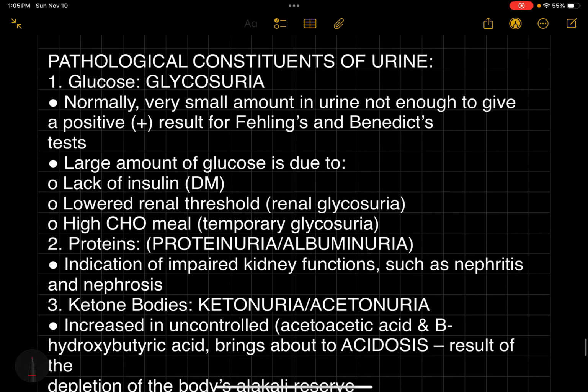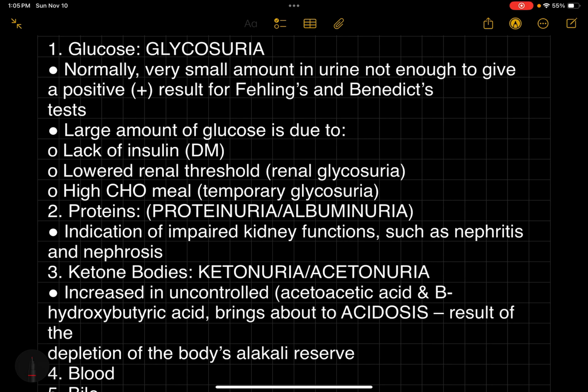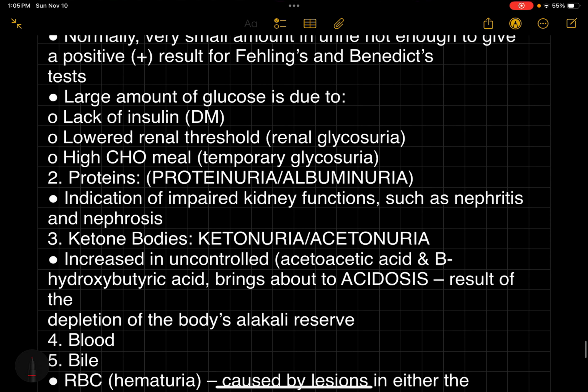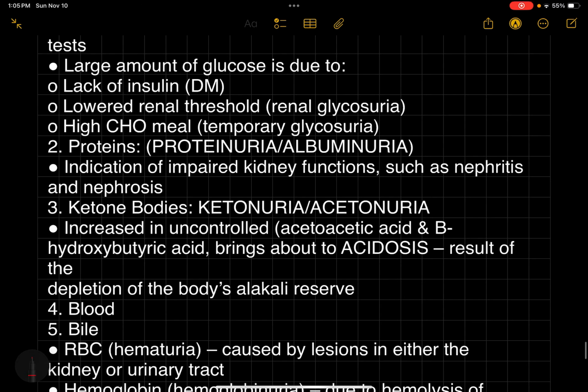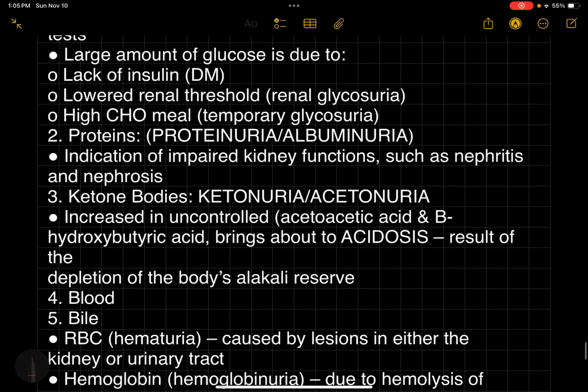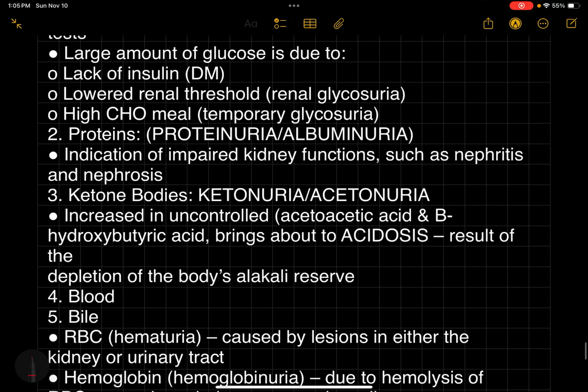We have proteins, or proteinuria or albuminuria, an indication of impaired kidney function such as nephritis and nephrosis. So we have ketone bodies, ketonuria or acetonuria, increased in uncontrolled diabetes, with depletion of the body's alkali reserve.